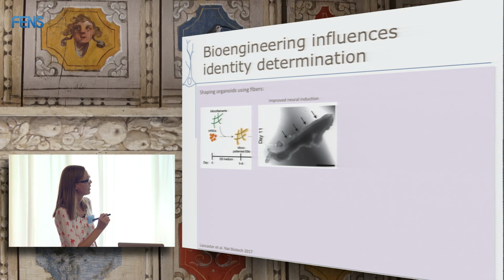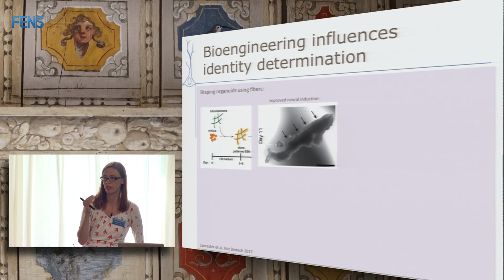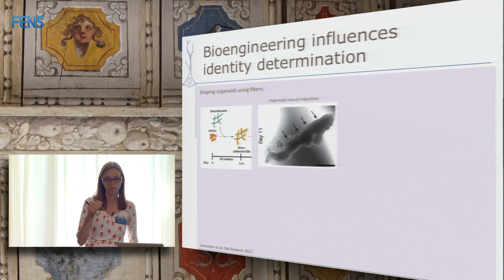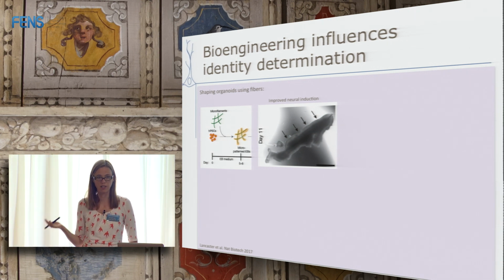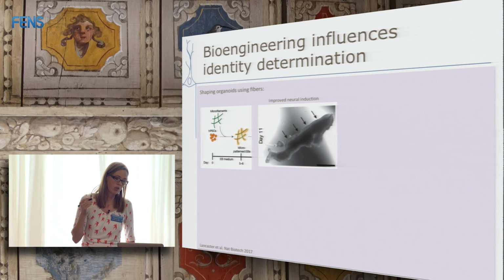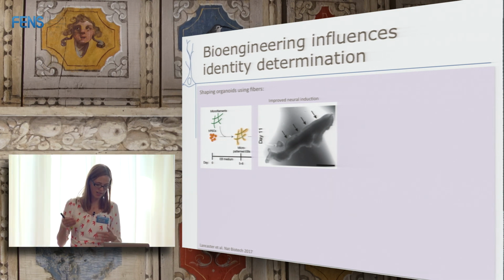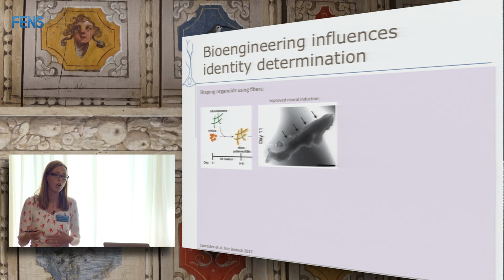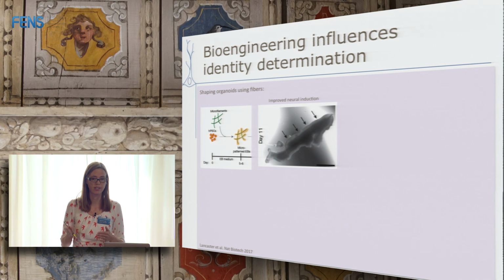But one important feature is that we put in a lot more stem cells than fibers, so we don't put in enough fibers basically for the amount of stem cells. What I'm saying is that if you calculate out the size of the fibers relative to the size of the cells and their number, what you find is that about 5 to 10% of the cells are touching the fiber, but the other 90 to 95% are not actually touching the fiber.